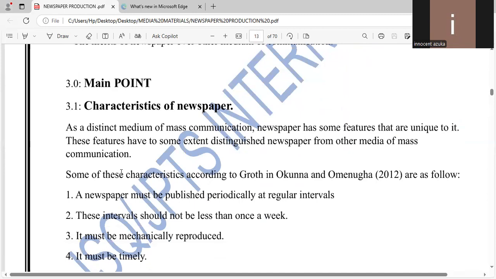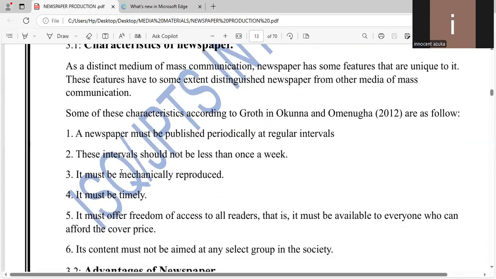Number one, a newspaper must be published periodically at regular intervals. Since we say regular intervals, these intervals should not be less than once a week.